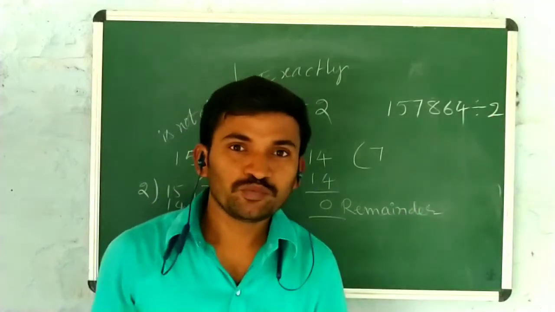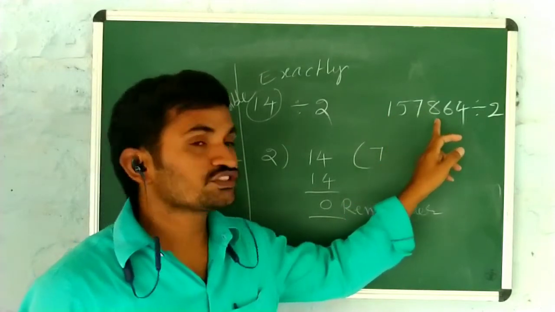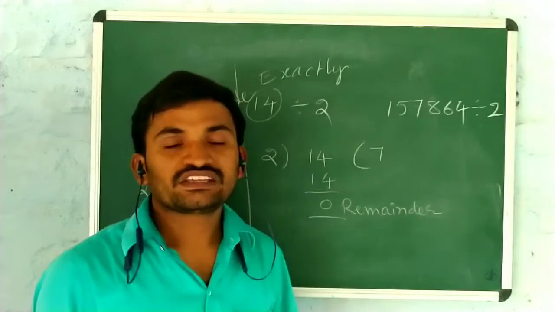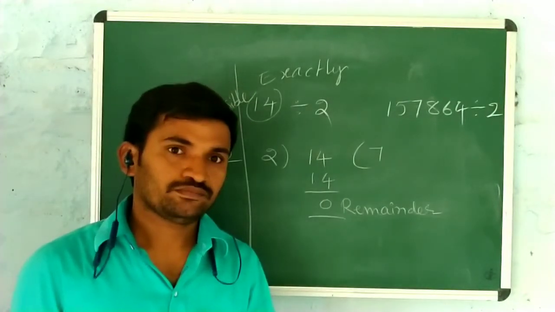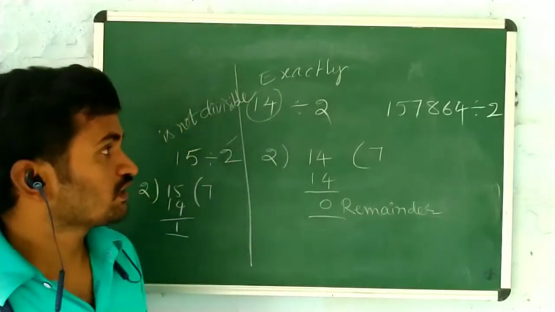You may not be able to say immediately. Why? Because this is a large number. We don't know the exact answer, and it will take time. It is a time-consuming problem.